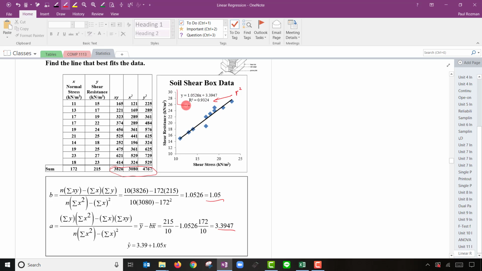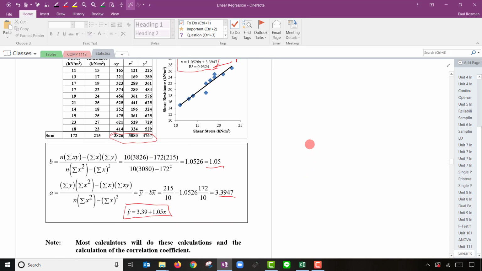To get this on the plot here, I just right-clicked on my data set and said add trend line, and then I made sure to display the equation on the chart. So we'd never really do these things by hand. We will use Excel to come up with these. But we get our model. The model is given on the plot there. I've also written it here. So we have our intercept and our slope.